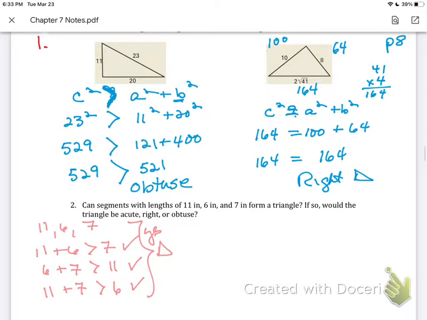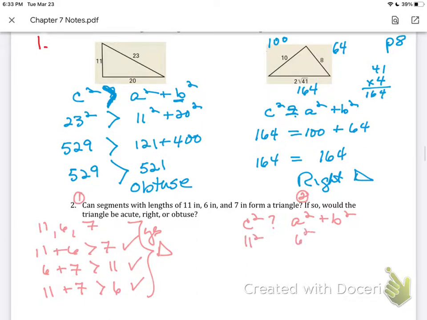So now the second question, because that was just our first question, the second question says, if so, would the triangle be acute, right, or obtuse? Here's our trusty equation, question mark, A squared plus B squared. My biggest side is the 11, so I'm going to say 11 squared.